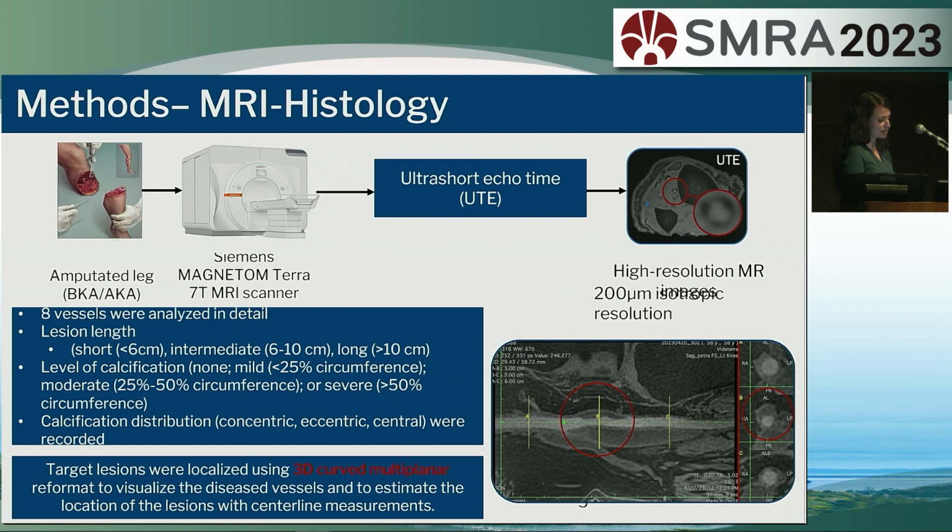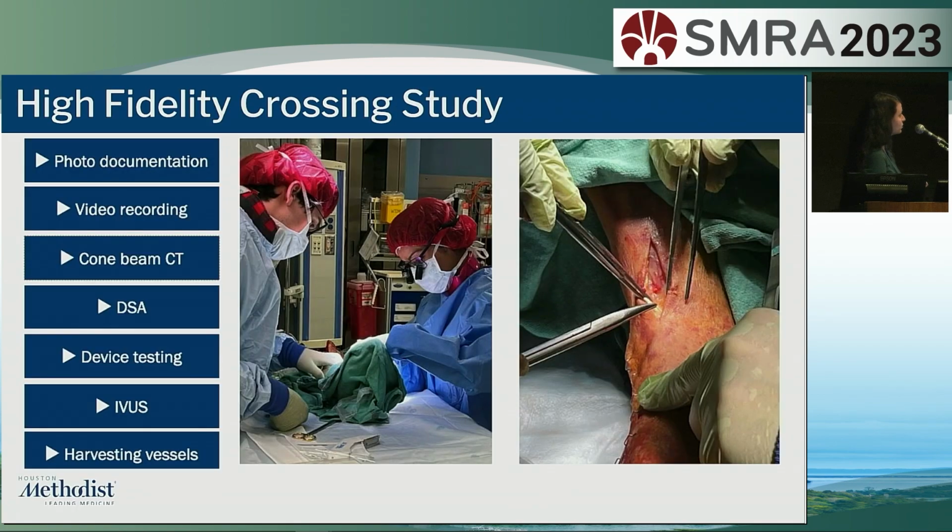Lesion length was classified as short, intermediate, or long, and the level of calcification, like none, mild, moderate, or severe, was also reported, as well as the distribution of calcium on the vessels. Following the MRI, the aforementioned hybrid OR PVI experiment was performed using different imaging methods, a multimodality approach, DSA, and crossability testing.